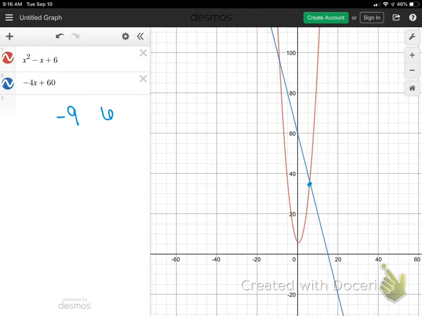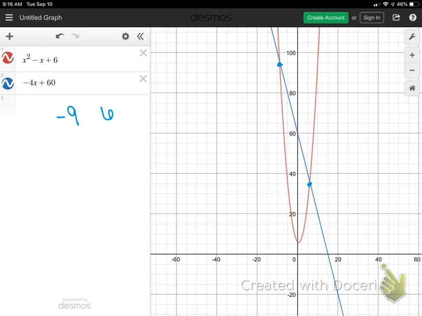Got one right here, got one right here. Each one of these is 5, so I have 5, 10, 15, 20. Just past 5 is 6. So my function is crossing here when x equals 6. The other one, I'm just shy of negative 10, and that's where my function crosses.